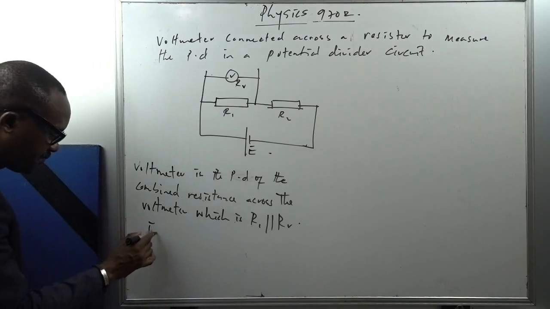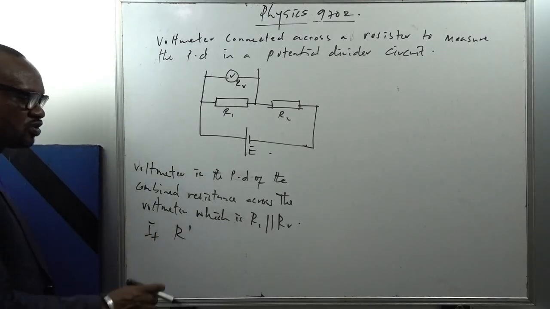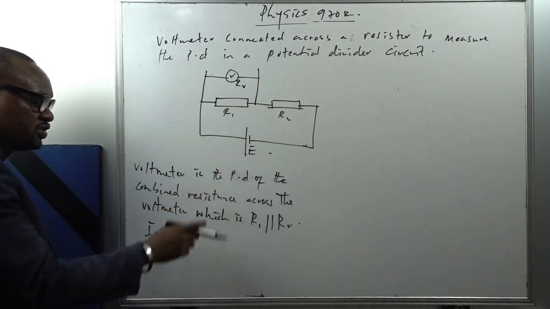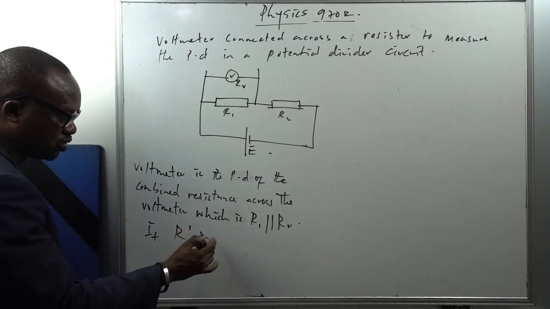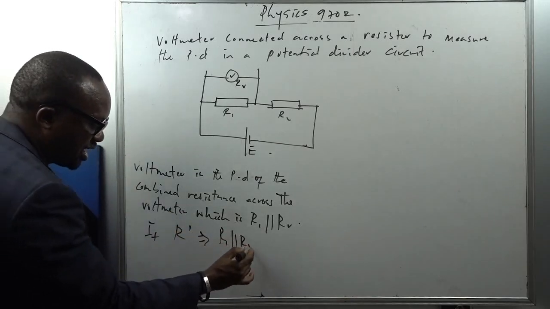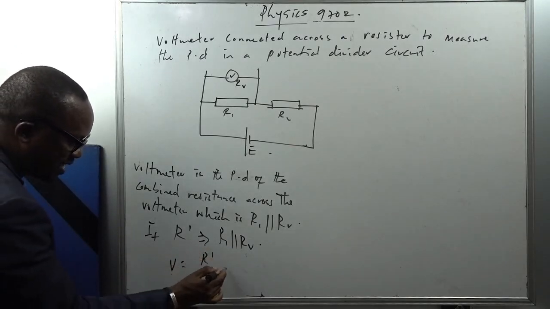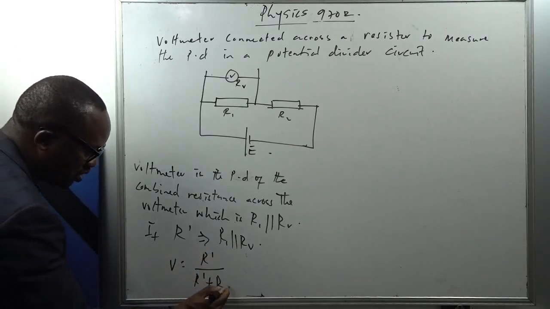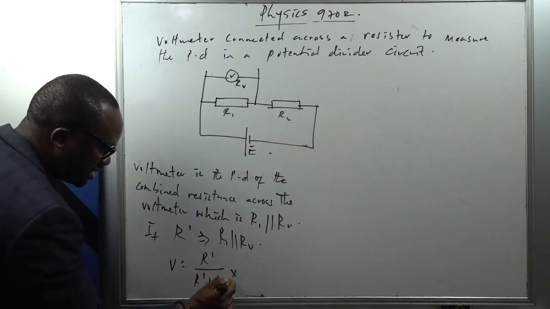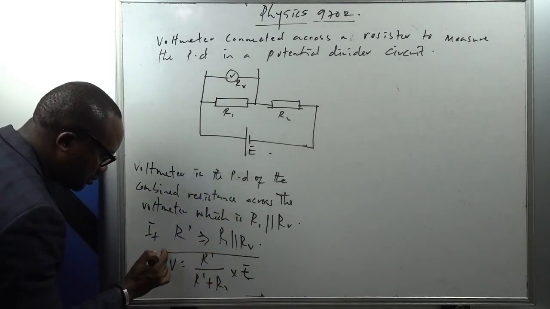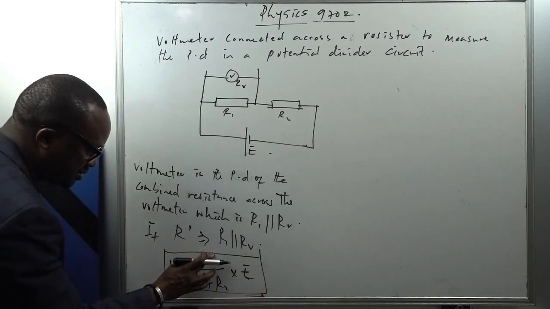So if R prime is the combined resistance across the voltmeter, which is equivalent to R1 in parallel to RV, then the voltmeter reading will be given as R prime over R prime plus R2 times E. That will be the voltmeter reading.